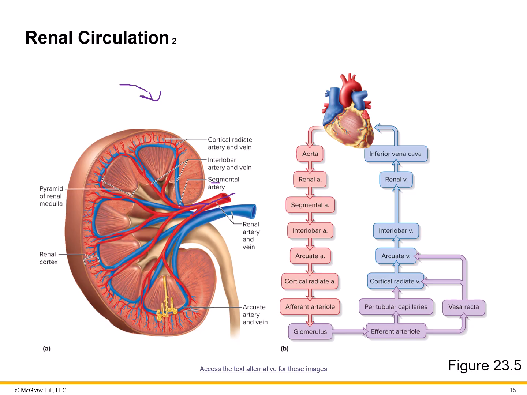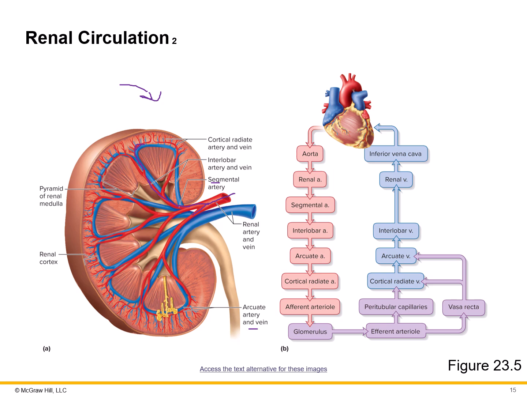All right, then we go segmental into the interlobar, okay, between the lobes. So we're getting between these renal pyramids here. Then we get a little smaller, and it's labeled down here, but this up here as well, this guy. Okay, that would be the arcuate.